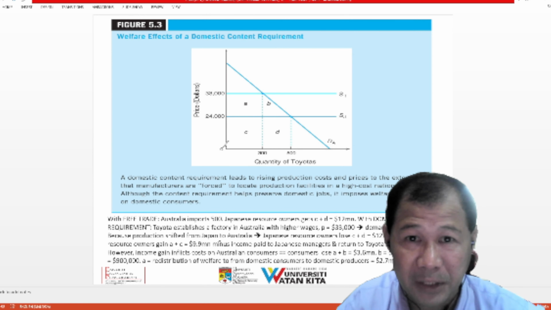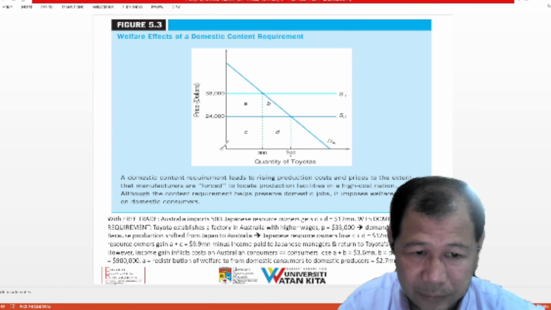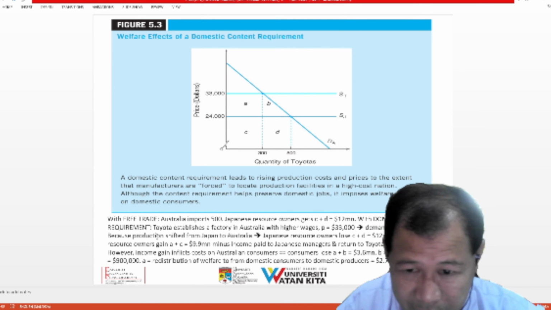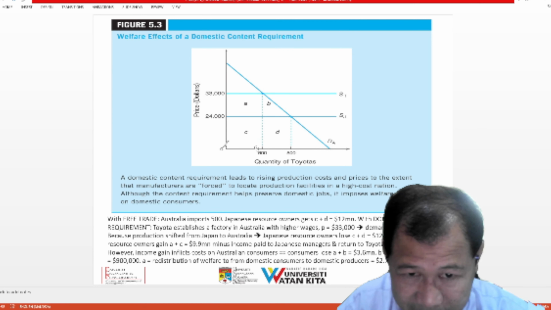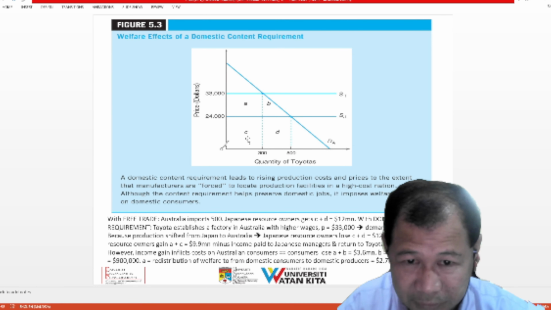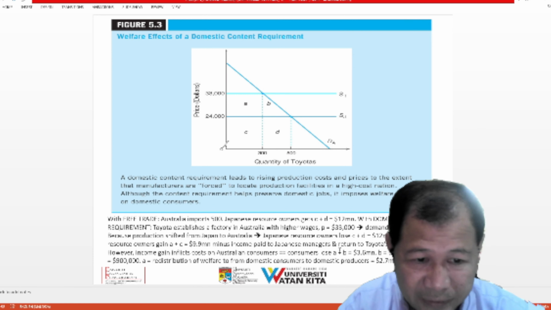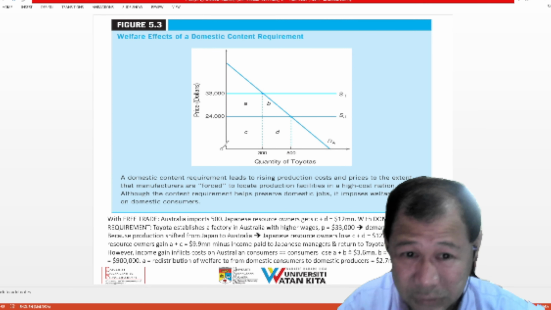Because production shifted from Japan to Australia, Japanese resource owners now lose C and D of $12 million. Australian resource owners gain A plus C, which is calculated at 9.9 million, minus income paid to Japanese managers and returns to Toyota's capital.